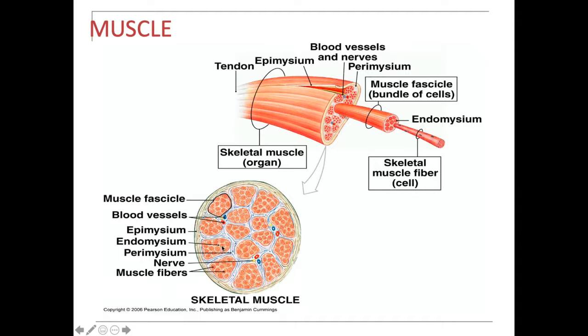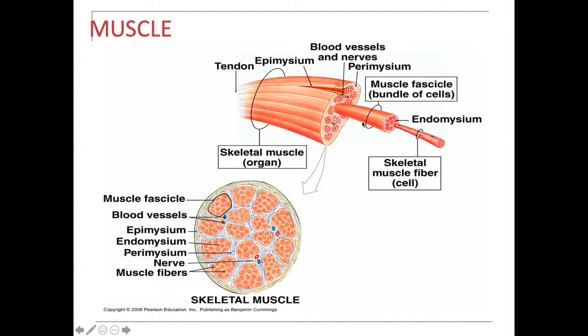And if we take a look, each of these endomysiums, here's another one, here's another one, here's another one. Each of these are surrounded by a fascicle. So we could see right here, here's an individual endomysium, and right here is a fascicle.